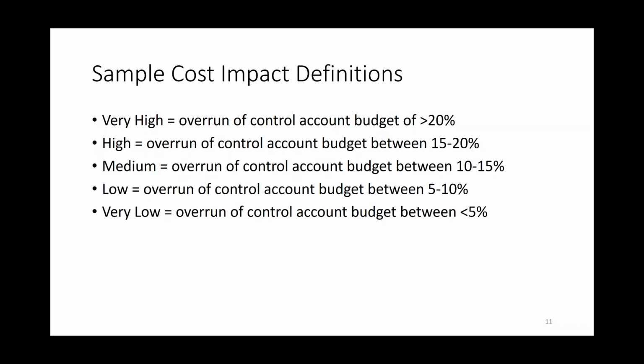So think about the additive impact of multiple activities going over schedule. And you don't want to say going 10% over my entire schedule, because if you have a 9-month schedule, that's 270 days. You don't want to be a month late.